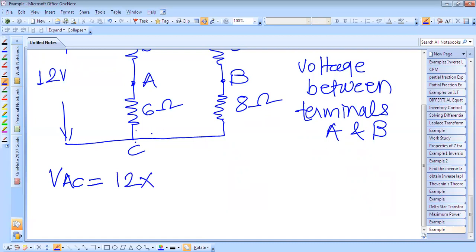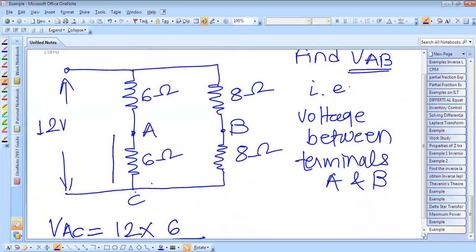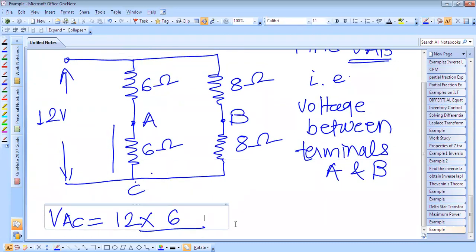Okay, and as we have to find the voltage across this terminal, the voltage between VAC, so the resistance of this is 6 divided by 6 plus 6. Okay.